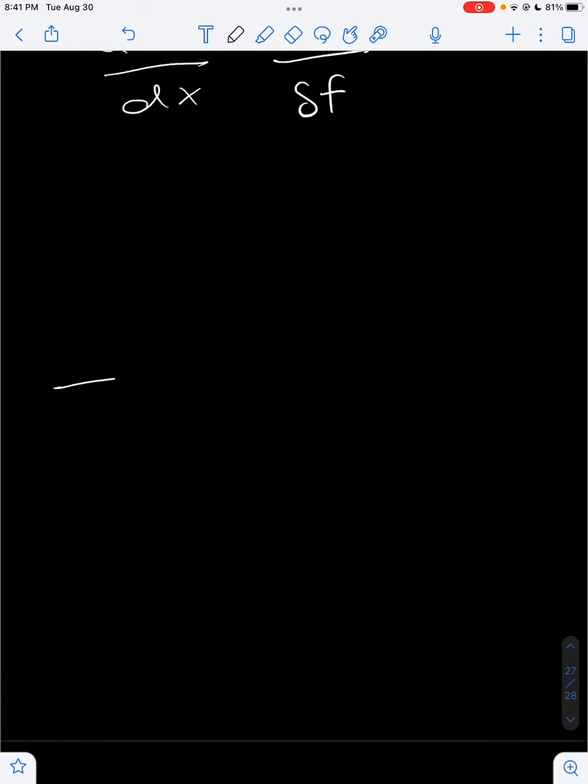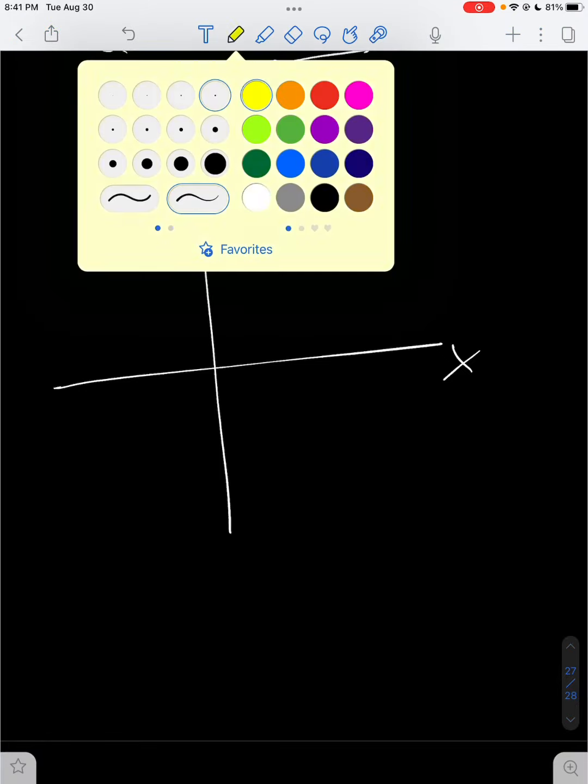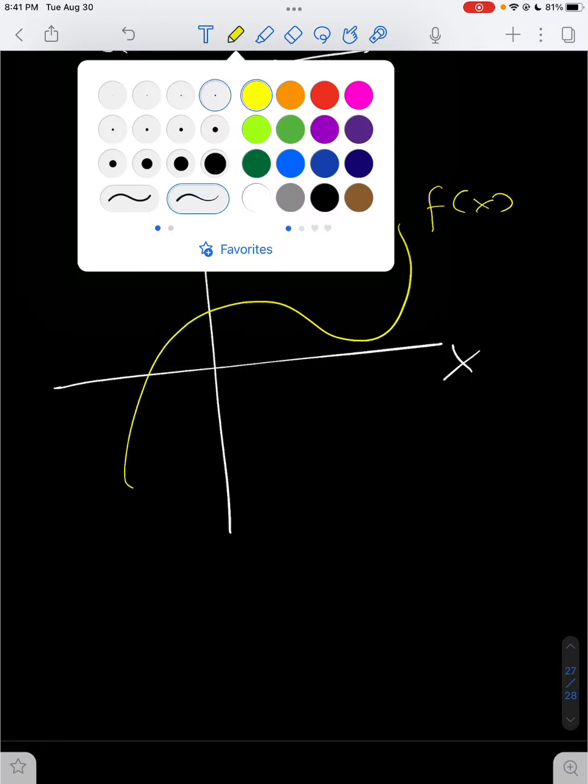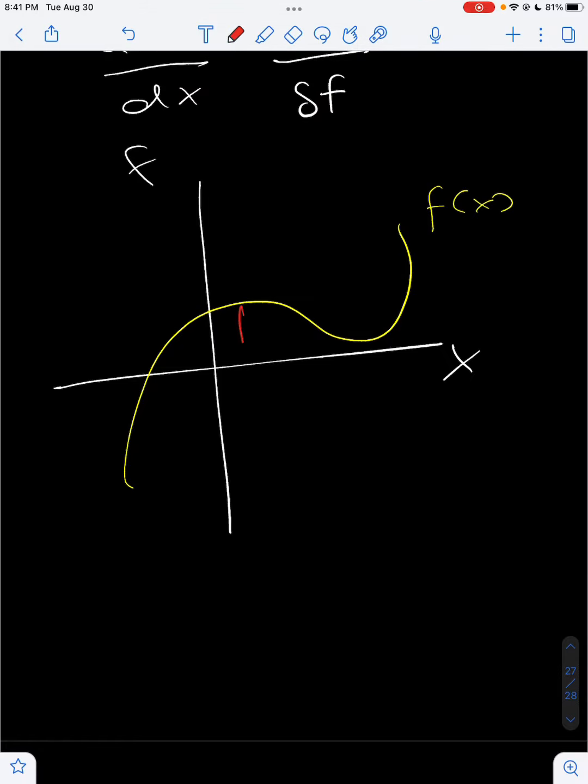So we know that if we have, say, f of x, or just f, some arbitrary function f of x, we could integrate over the function, right? To get the area under the curve for some values of x, like in some open set or closed set.